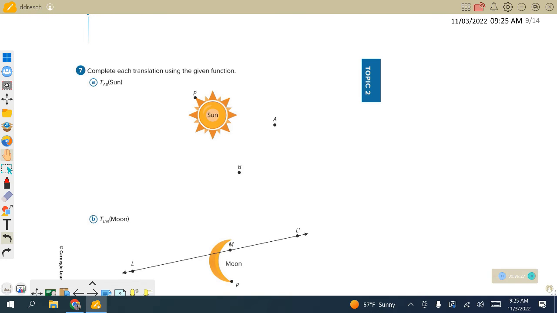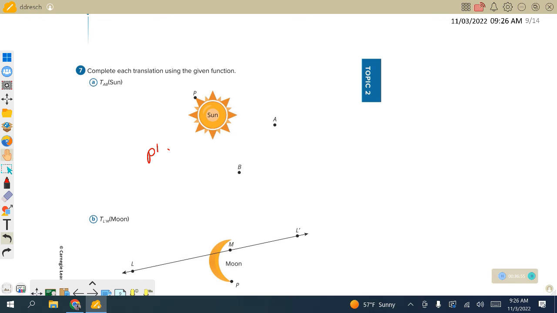So just imagine there is that line there and you're just dragging A onto B, and that distance in that direction that A goes to B, P should follow along, right? I'm just going to eyeball it myself because my board freaks out. So P prime should be roughly somewhere right about there.